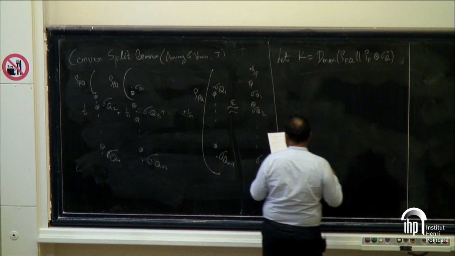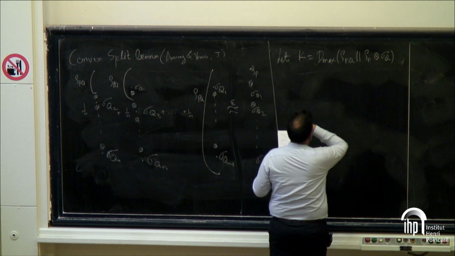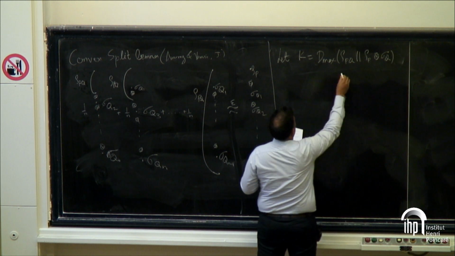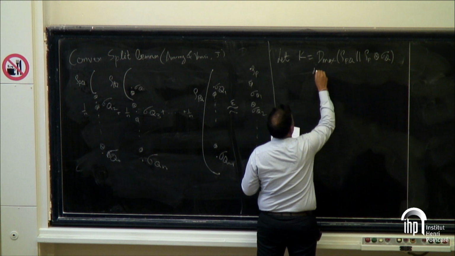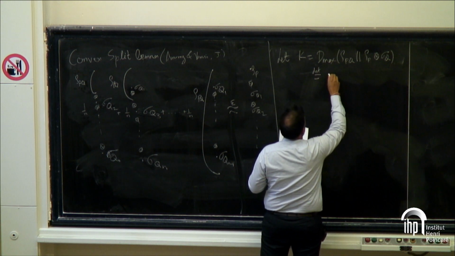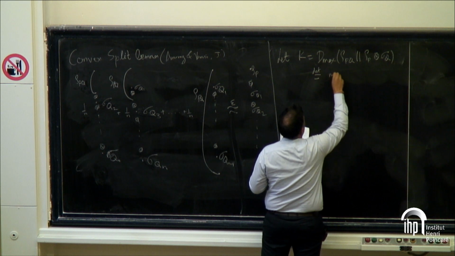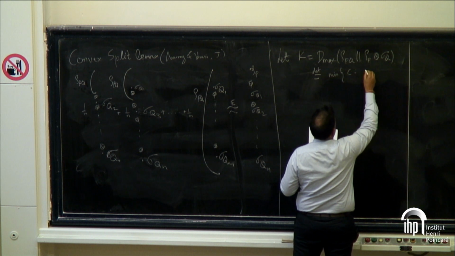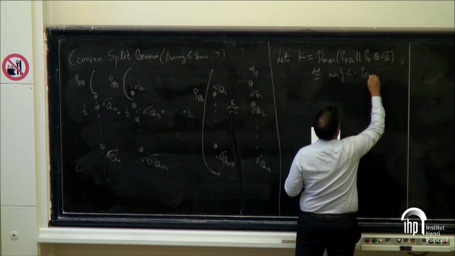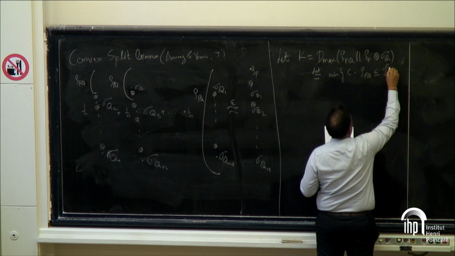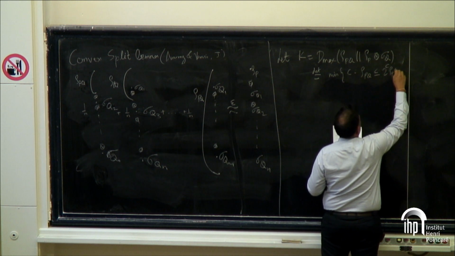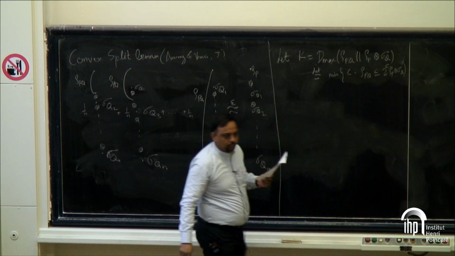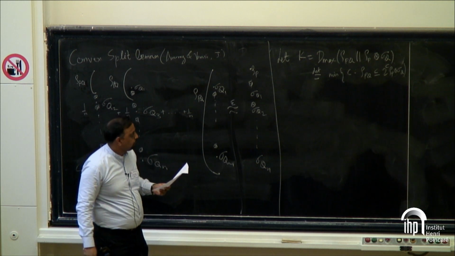Let me also say what Dmax is. Dmax is defined to be the minimum over C such that rho pq is less than 2 to the C times rho p tensored sigma q, where this is the Loewner order for states.